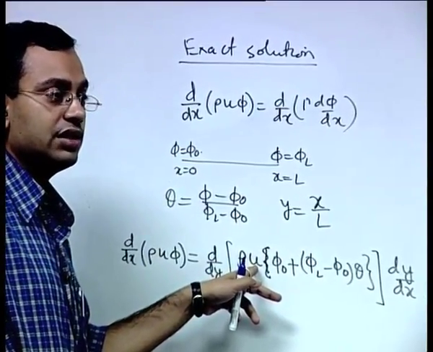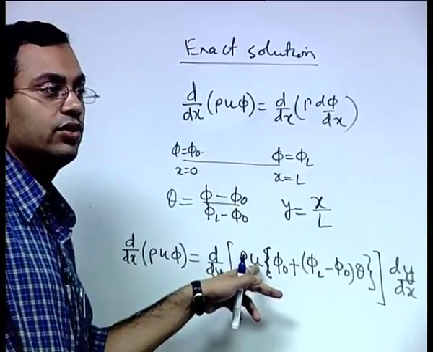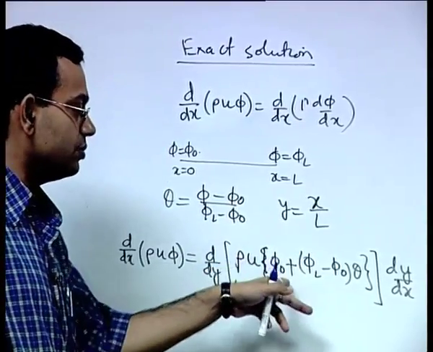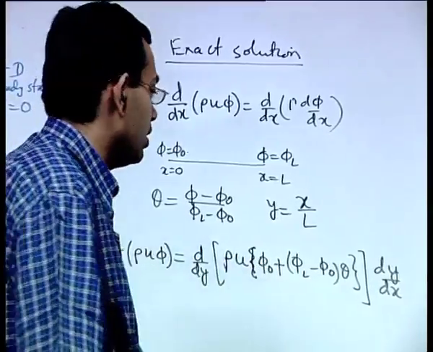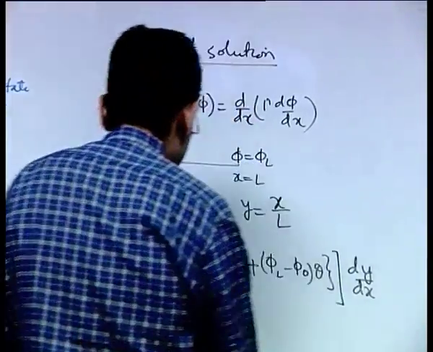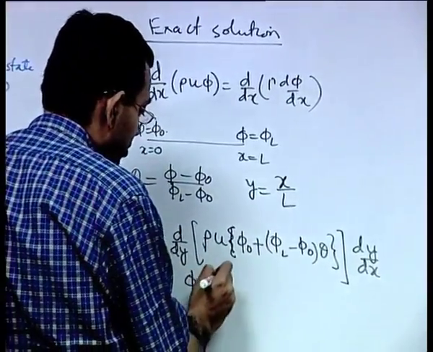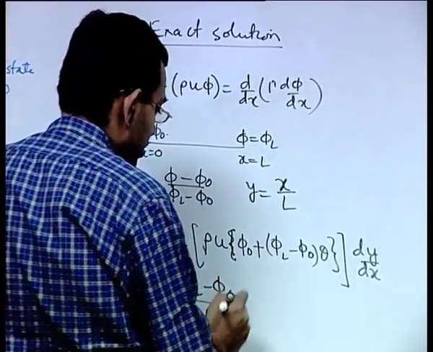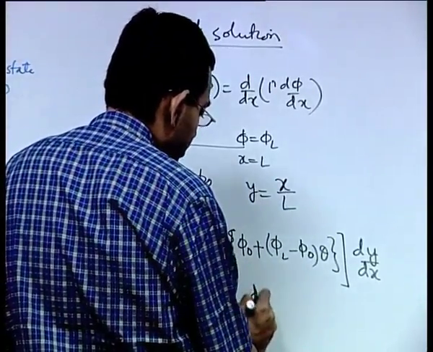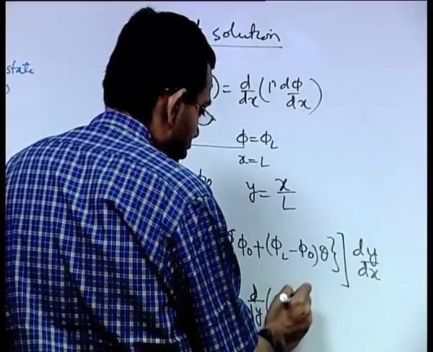By continuity equation d/dx of rho u is equal to 0. So this term will not be there, and dy dx is 1 by L. So it becomes (phi L minus phi 0) by L into d/dy of rho u theta.